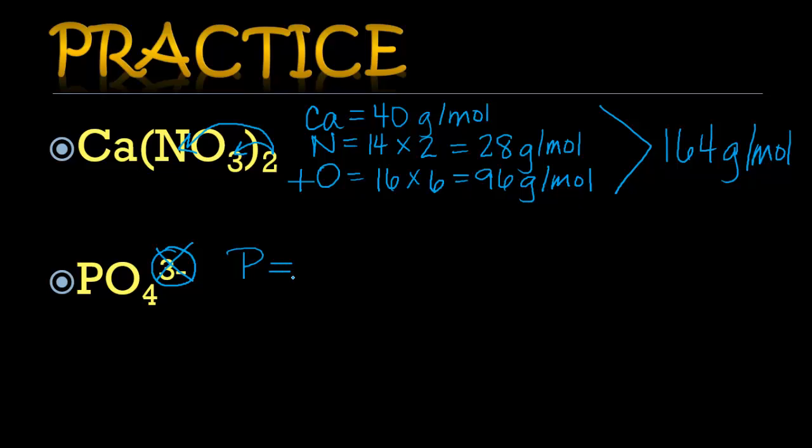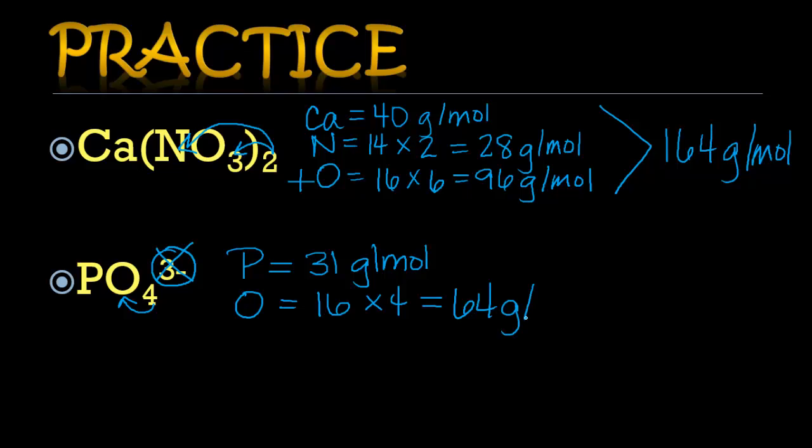So we look up phosphorus. Phosphorus has a mass of 31 grams per mole. Oxygen is 16 times 4, because we have 4 oxygens. So that is 64 grams per mole.